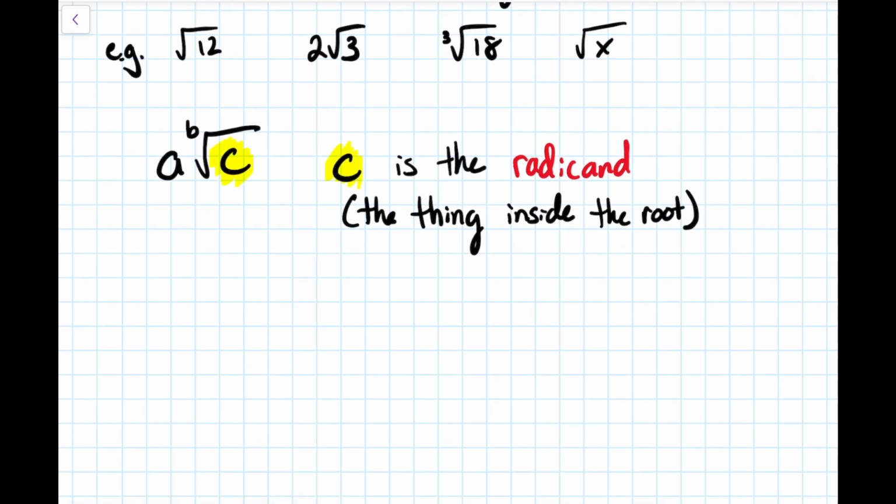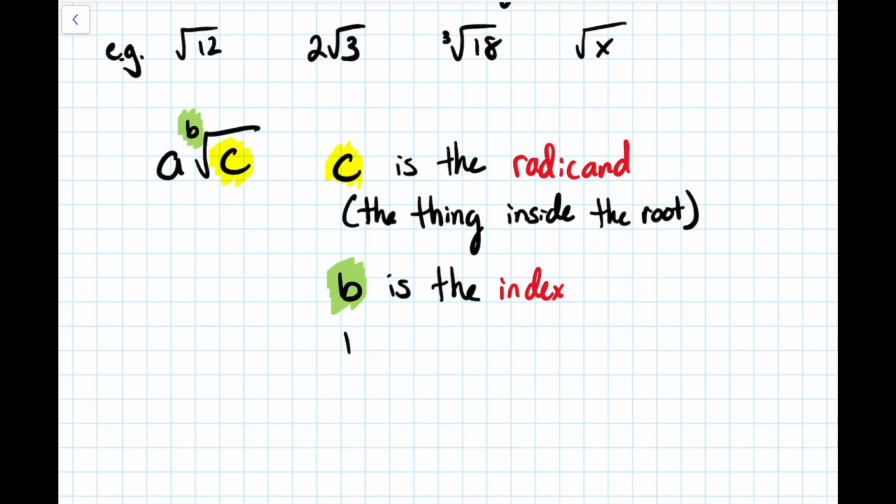B, in our example here, is what is called the index. And so you should have a good sense of what this does, because you have been seeing it ever since you started working with anything other than square roots. And so the index is just the thing that tells you which root to do.